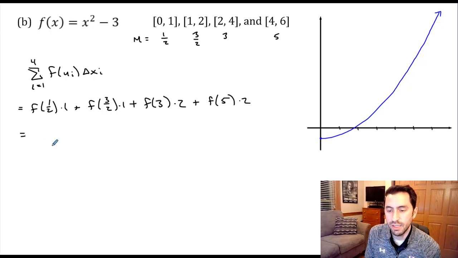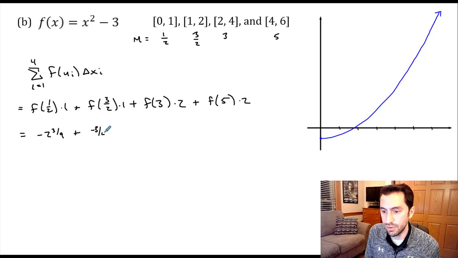1/2 squared is 1/4. Minus 3 is going to be -2 3/4. 3/2 squared is going to be 9/4. And subtracting 3, we get -3/4. And that's times 1. F of 3, so 3 squared is 9 minus 3 is 6 times 2.